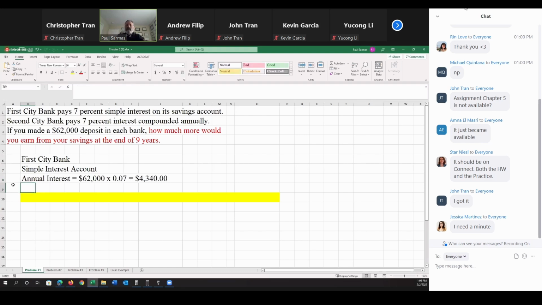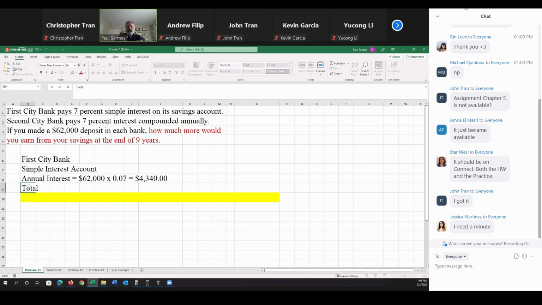Let me double check that. I take 62,000, and it's simple interest. So the bank will continue paying interest on the principal of 62,000 every year: year 1, year 2, year 3. That's why I say annual interest.